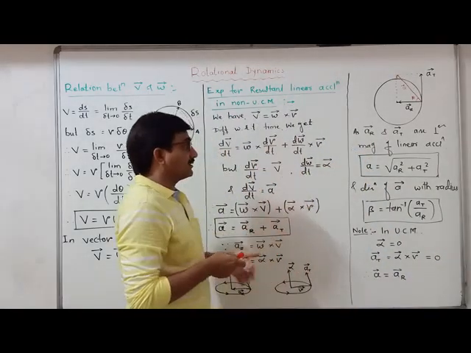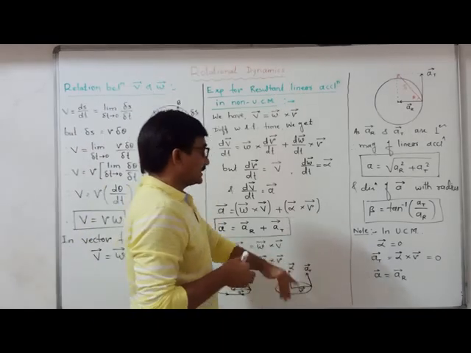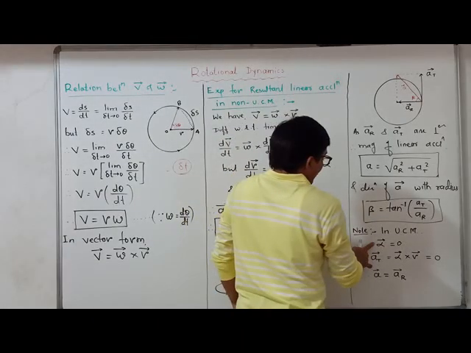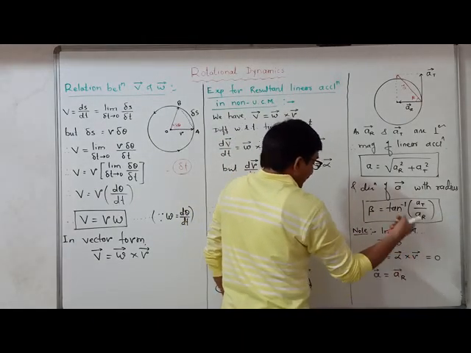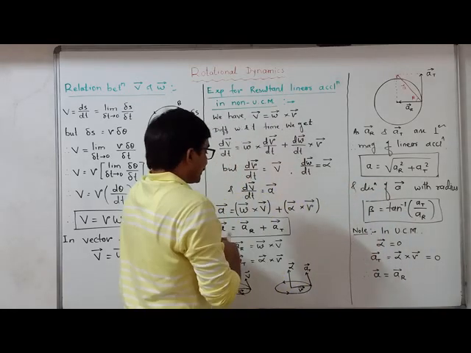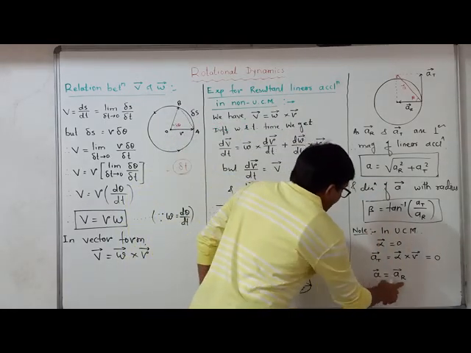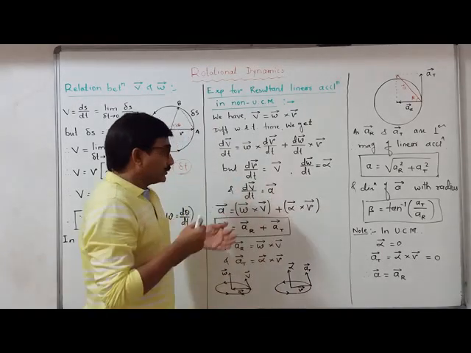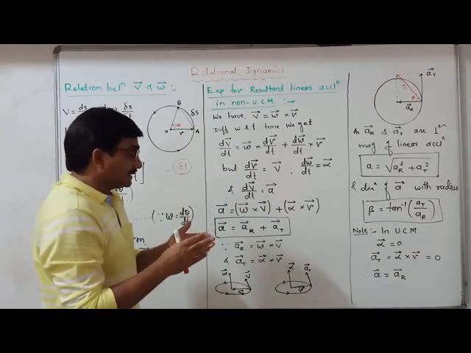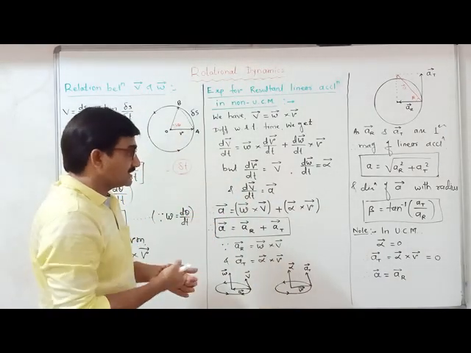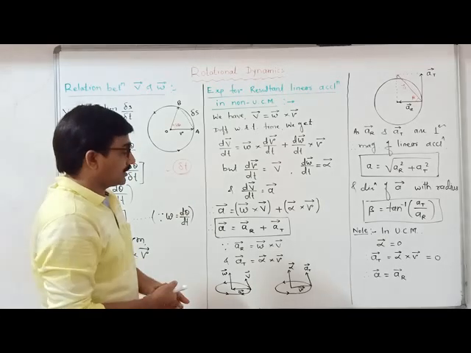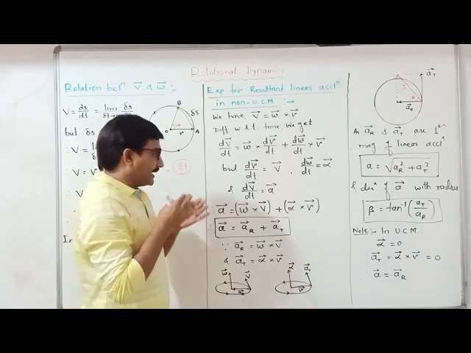With this we can calculate the linear acceleration. But in a UCM, angular acceleration is 0, so tangential acceleration is 0, and by using this equation, vector a is equal to vector ar. In a UCM only the radial acceleration is produced, and tangential acceleration is always 0.